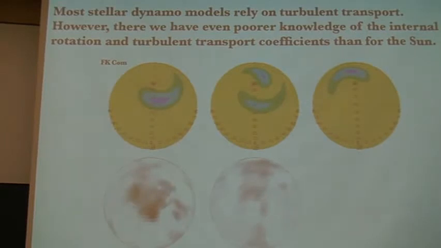And this is one example where there's a star called FK Comae, and these are two different temperature maps. With a dynamo model, it's possible to get a configuration where the dominant features are near the pole, and you can have these two different large spots which are about 180 degrees apart in longitude.